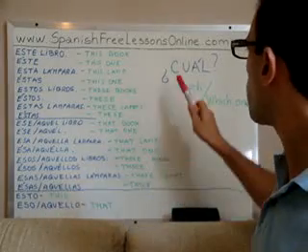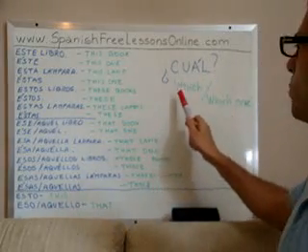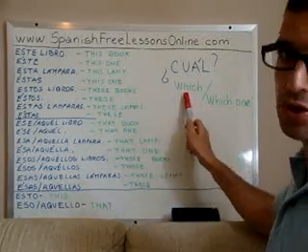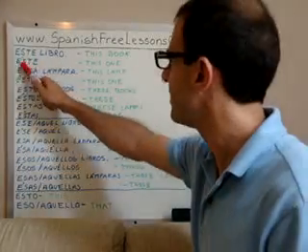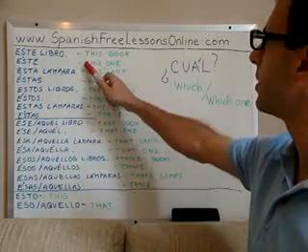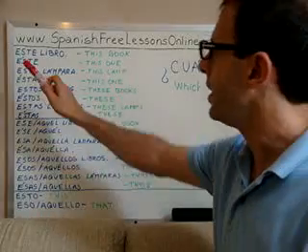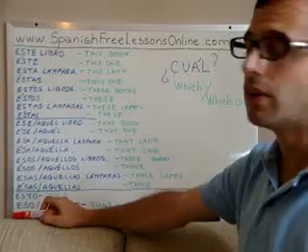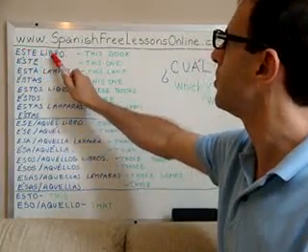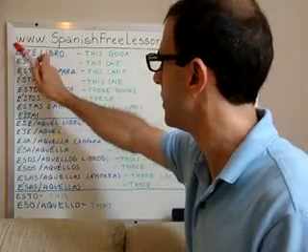Which book? ¿Cuál? ¿Cuál means which one or which, right? ¿Cuál? Éste, this one. You see, éste has a tilde here. However, when we say este libro, it does not have a tilde.